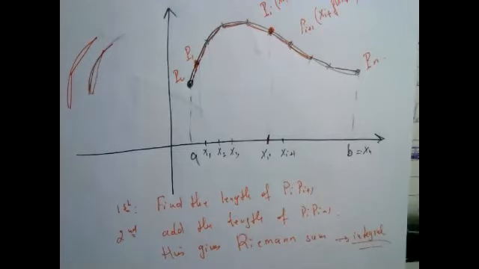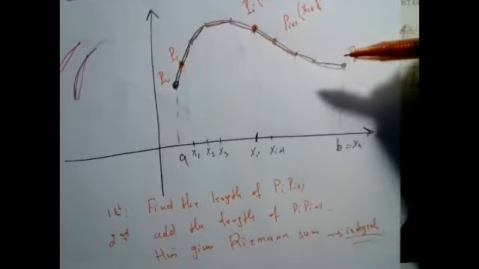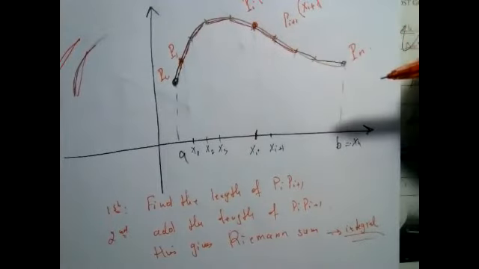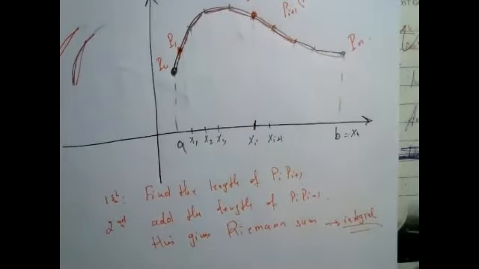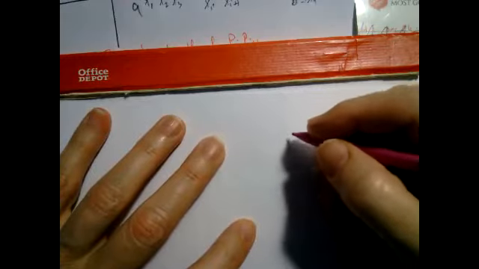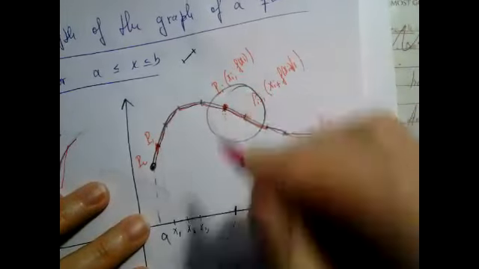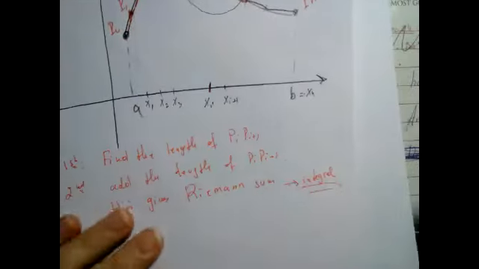Right? So I'm going to focus, as we always did, on a typical line segment, any one of them. I'm going to compute the length of this line segment, and then I'm going to add up all of them. So I'm going to focus here on one line segment. I'm going to take this piece and think about it. What's the length of Pi Pi plus 1? Let me draw it here.